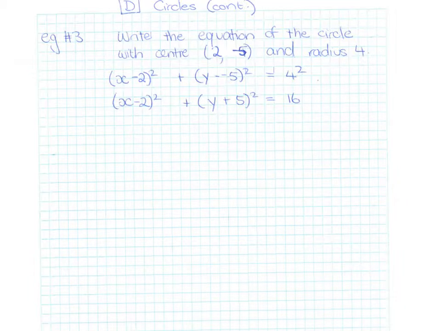What is A and what is B? A is 2. B is what? Livia. A is 2. What's B? -5. Good. Alright. What is your radius? Your radius is 4. It tells you that. That means R equals 4.